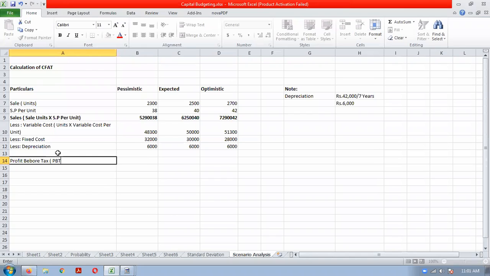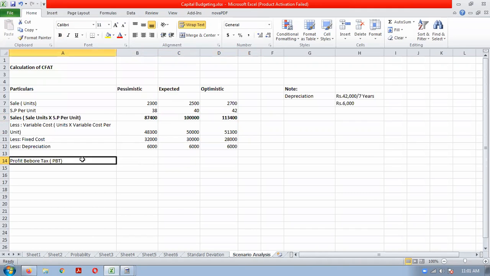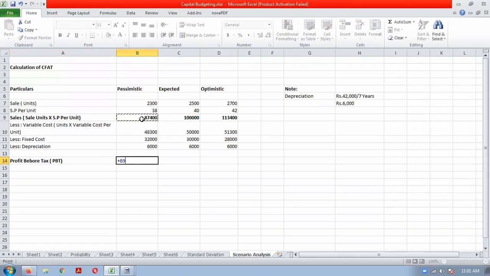Before PBT. PBT is sales minus variable cost minus fixed cost minus depreciation.